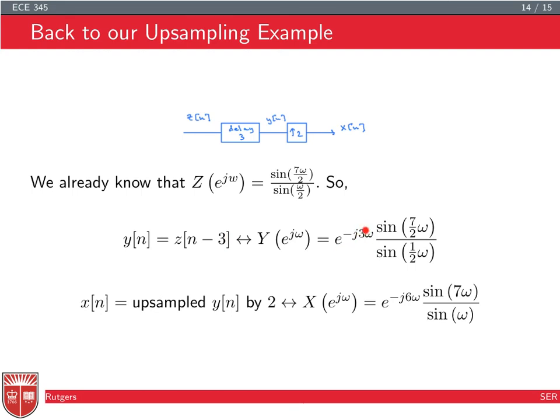The 3 here is because I have a delay by 3, and if you don't remember where this comes from, please go back to the formula of the time shift: a time shift in the time domain equals multiplying by the complex exponential here. And now if I do the upsampling, I have to replace omega by 2 omega here. So I get this formula: e to the minus j 6 omega times sine 7 omega divided by sine omega.